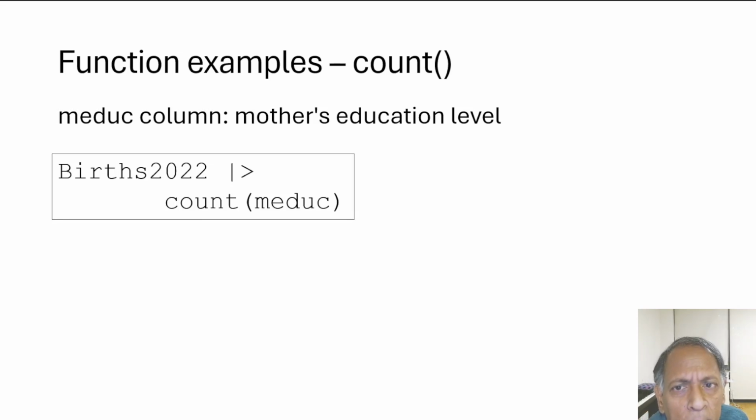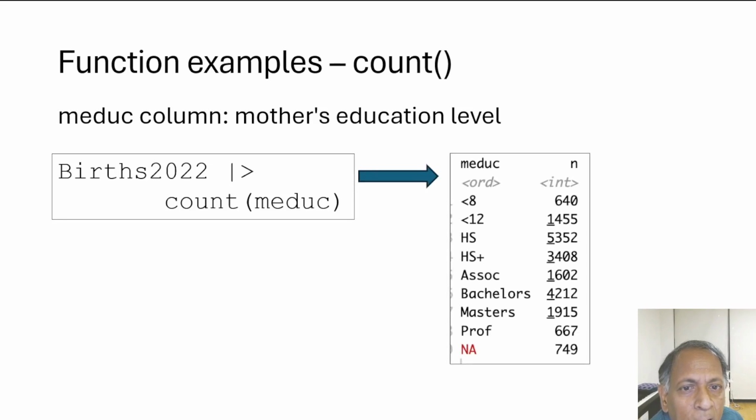Now remember, education level is a categorical variable. Let's say the education levels, I don't recall what they are in the data frame, might be like high school, undergraduate, postgraduate, etc. How many people were high school? How many people were graduate, etc.? That's what this is. And the result comes out like this.